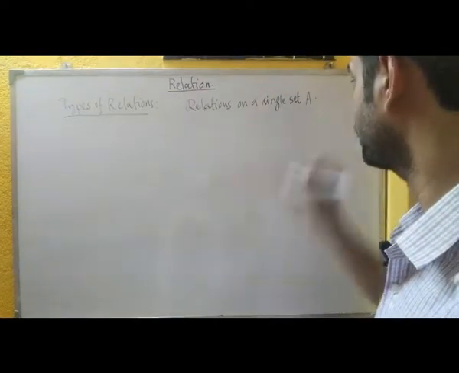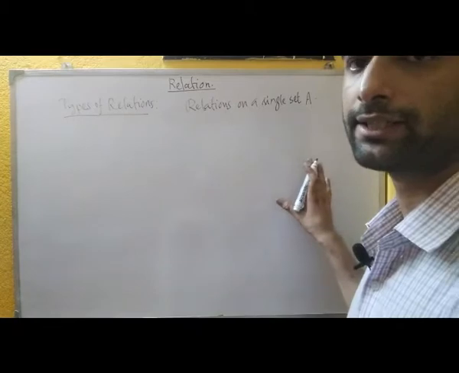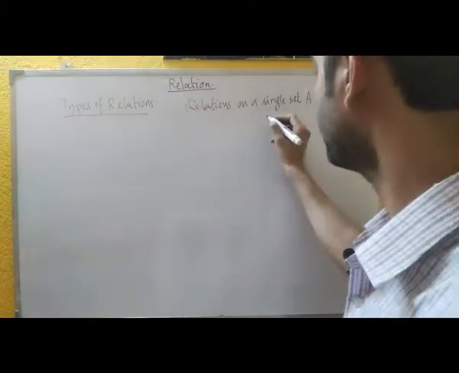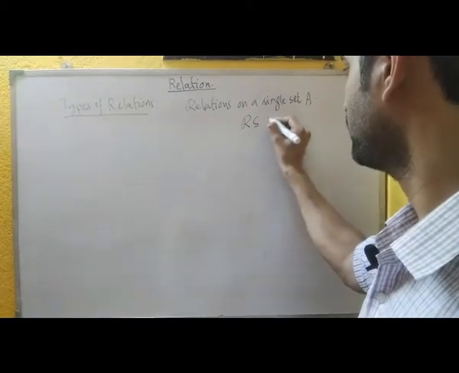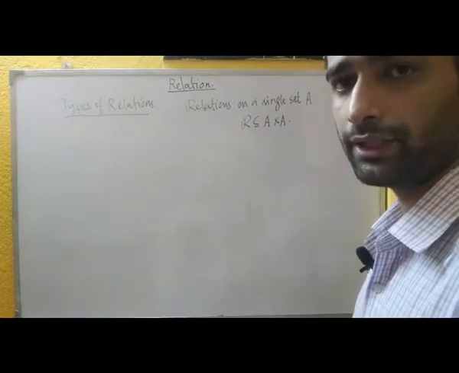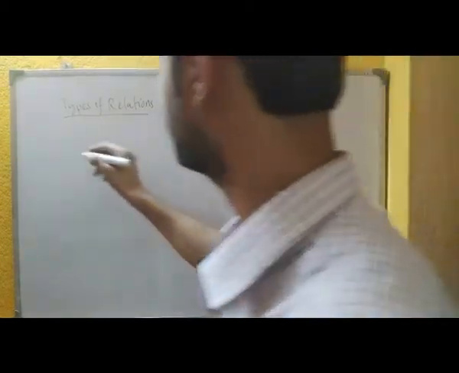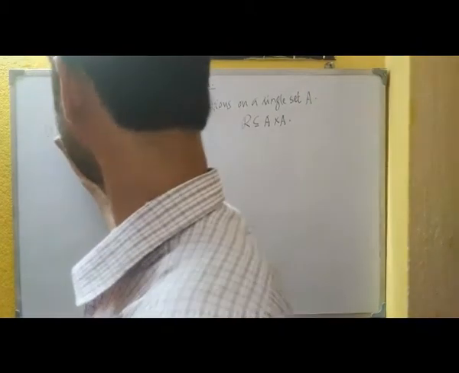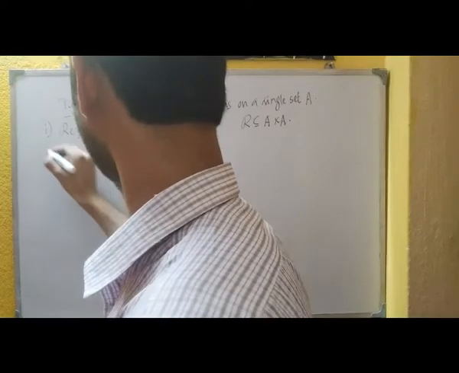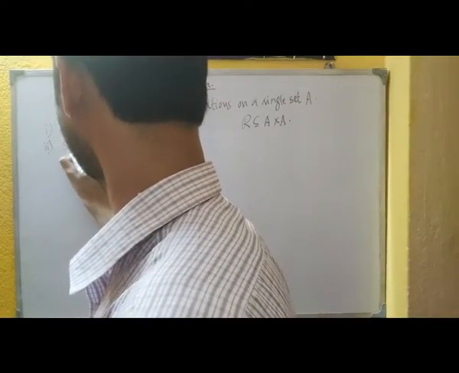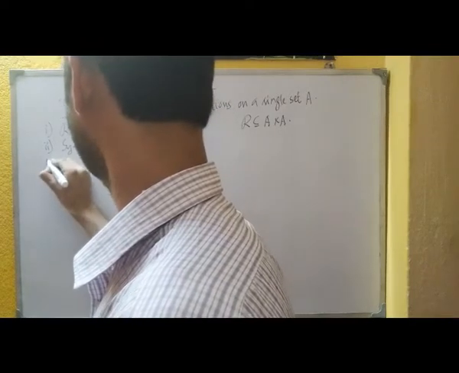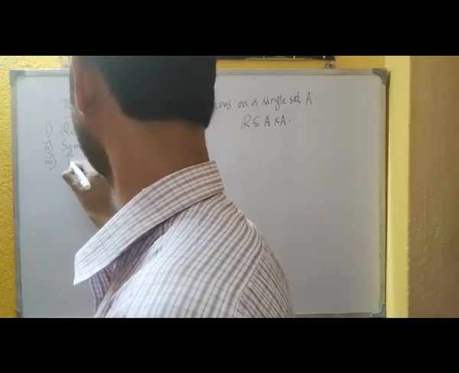Say we are considering the set as A. So we are considering the relations on A. Suppose R is the relation, then we say this relation is a subset of the set A cross A. Let us see what the types of these relations are. The first one is the reflexive one. Number 2 is the symmetric. Number 3 is transitive.